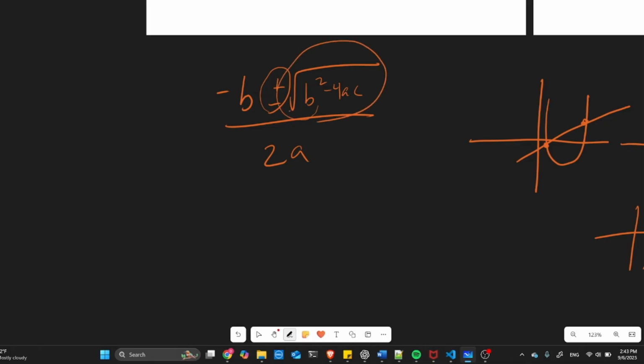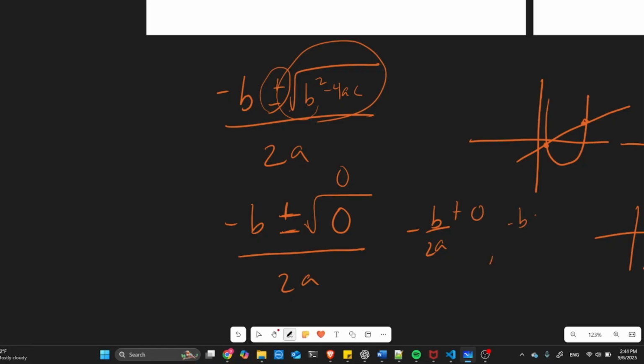So what you need to test, so let's say it's 0 in here, right? You're doing a plus and a minus to the same number, 0. So your solution is going to be minus b over 2a plus 0, and then minus b over 2a minus 0. Right?